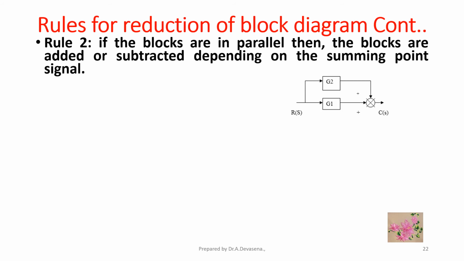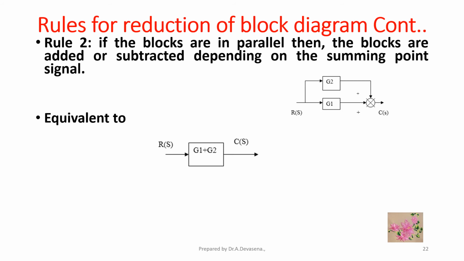The signal from the block G1 and block G2 is applied to the summing point. This is represented in this diagram. This is equivalent to the summation of the two blocks, G1 plus or minus G2, depending on the signal that is applied to the summing point.